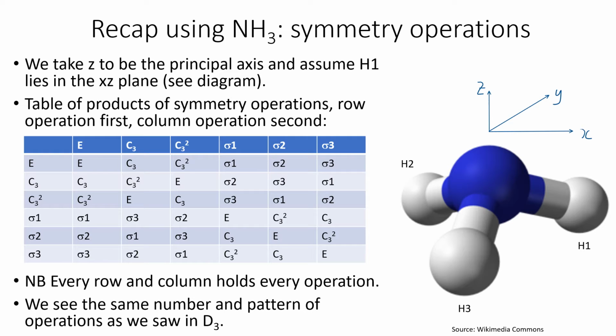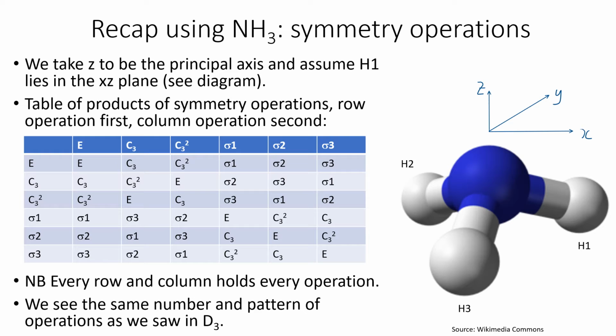And the curious thing is that even though this is a different example to what we used before, we actually see the same kind of symmetry in action. So last time we were looking at D3, this was the kind of propeller shaped molecule, and D3 had different symmetry operations.